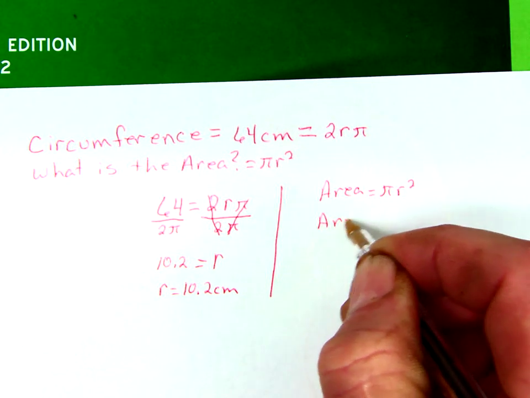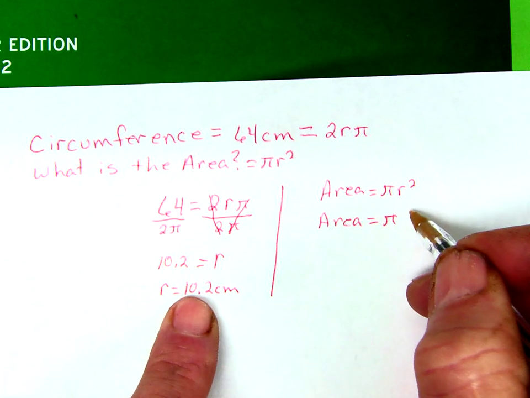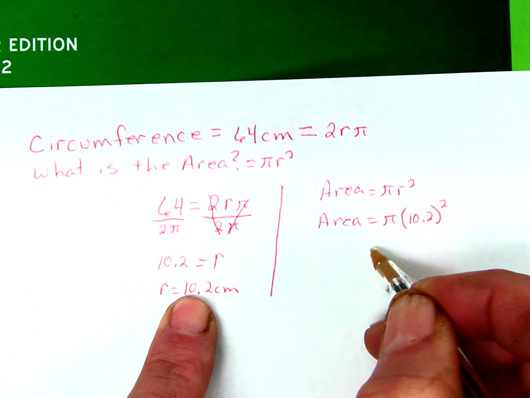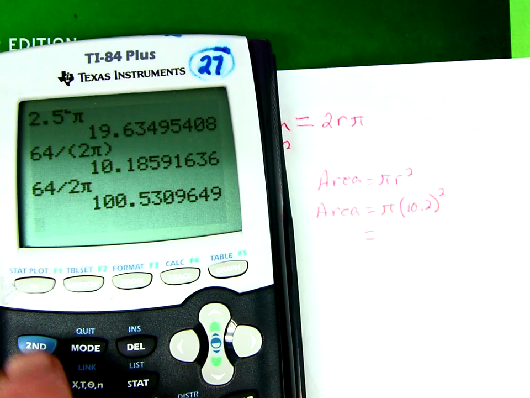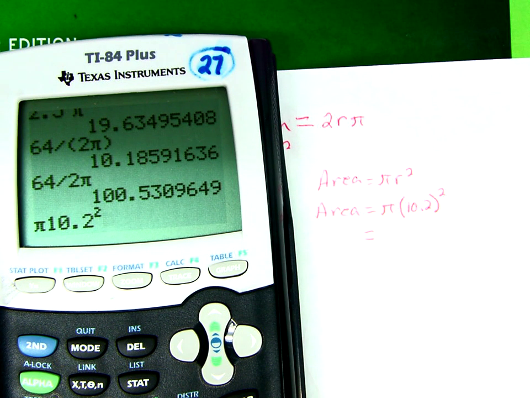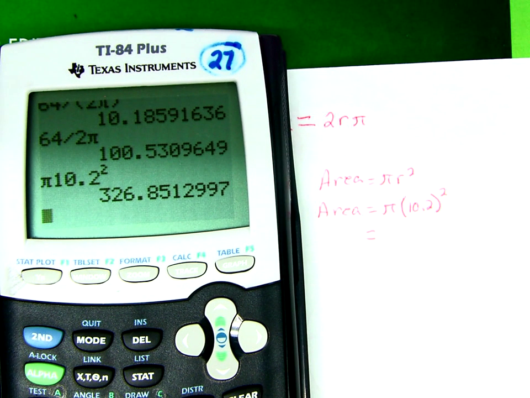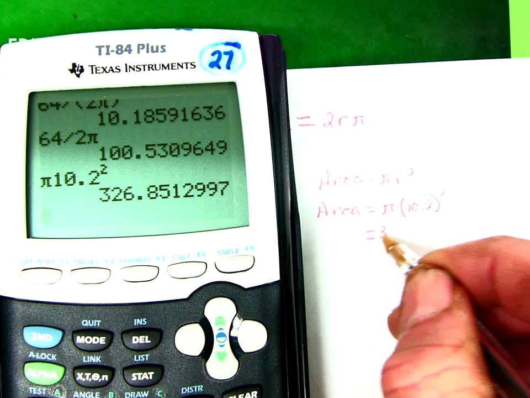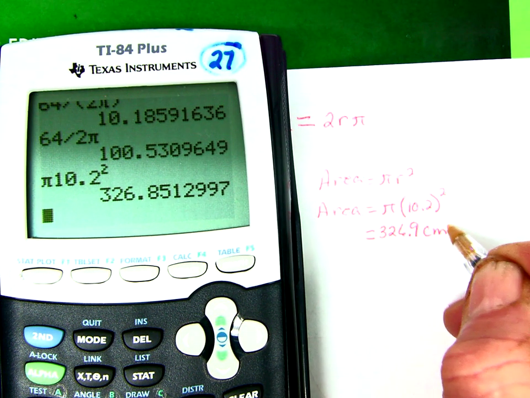So the area equals pi, here's our r, times 10.2 squared, equals pi times 10.2 squared, enter, 326.9 centimeters squared.